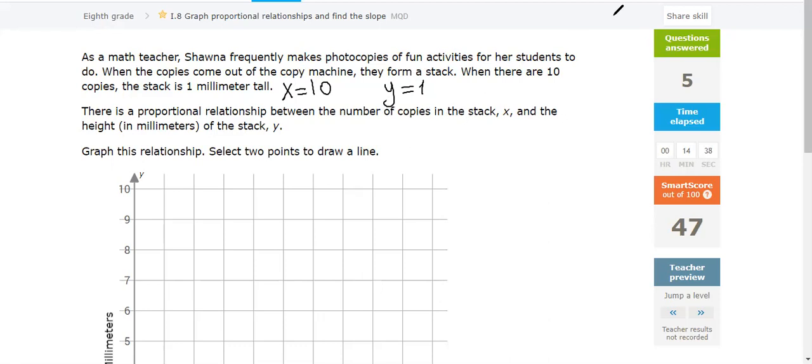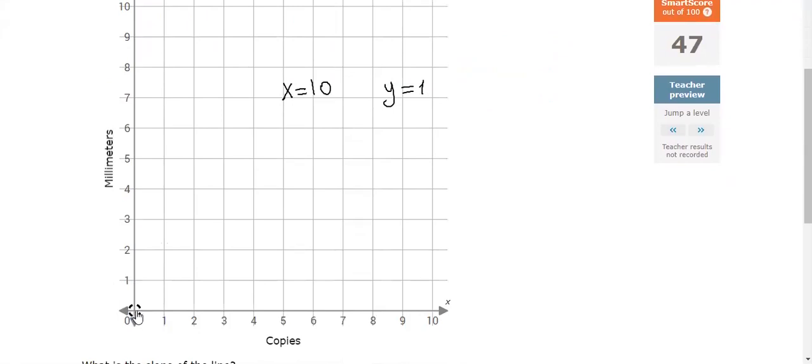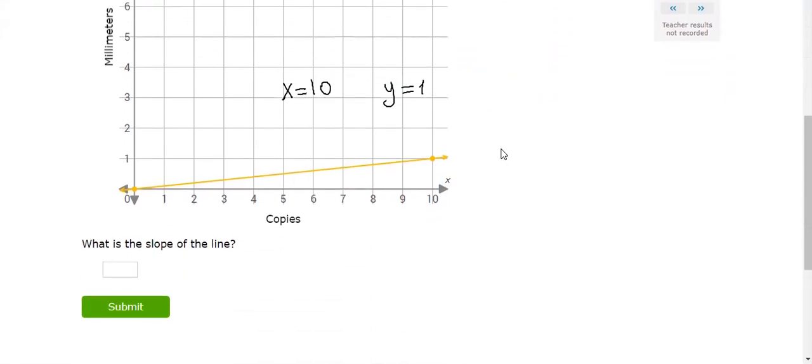And let's now use this to draw our graph. It's going to pass through the origin, and when X is equal to 10, Y is going to be 1. Okay, this is the graph, and the slope of the line will be, once again, proportional relationships have the equation y equals kx.